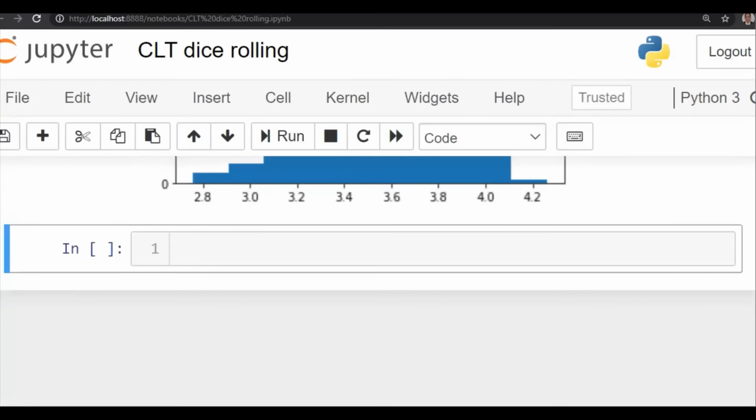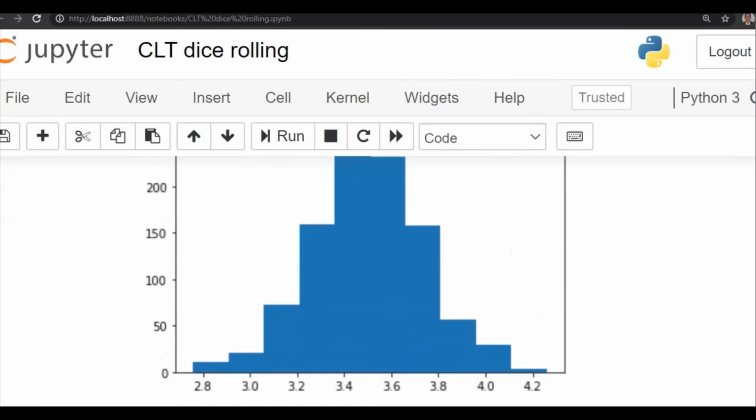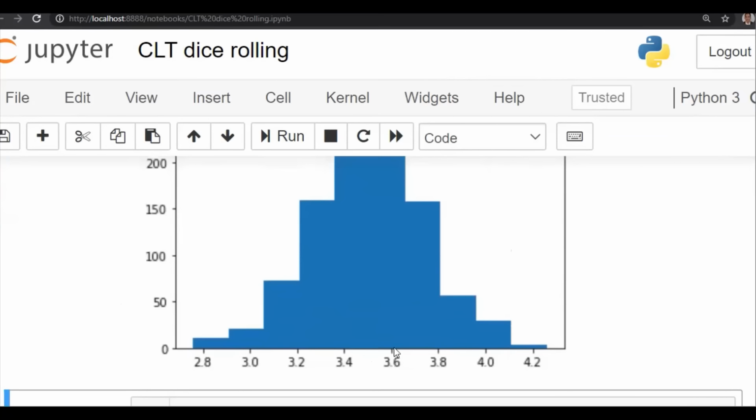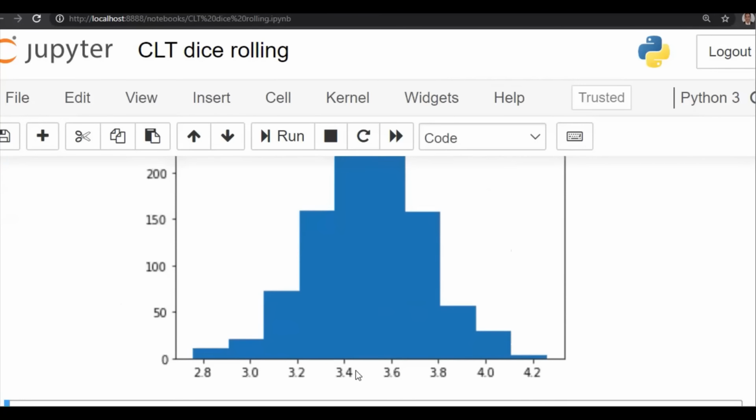This is the distribution of x bar. That means more x bars are there around the center, between 3.5 to 3.6. Very few means are at the left extreme and very few means are at the right extreme. So it looks like a normal distribution. And this is the distribution of x bar. That means so many numbers are there around 3.5, between 3.5 to 3.6.